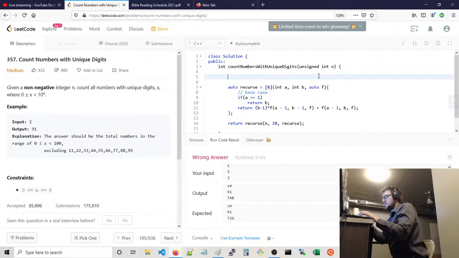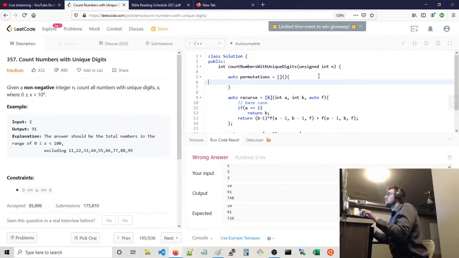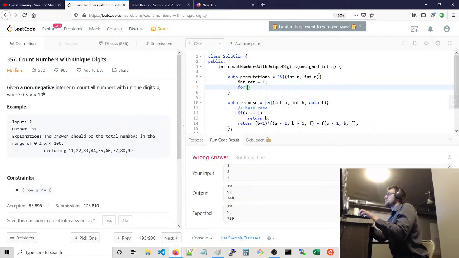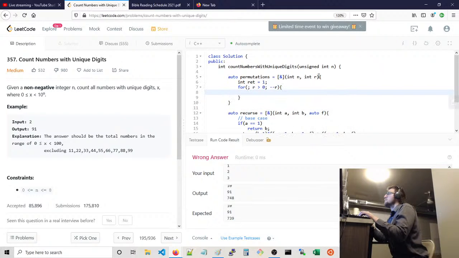And we're going to say auto permutations, int n, int r, ret equals 1, for r greater than 0, decrement r, ret times equals n minus r, or just n, something like this.